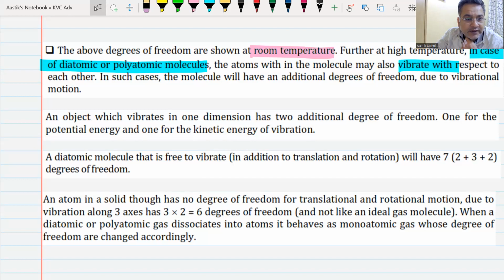Then we move ahead and we move on to the next heading of this chapter.